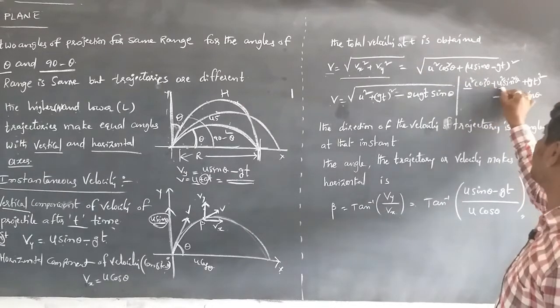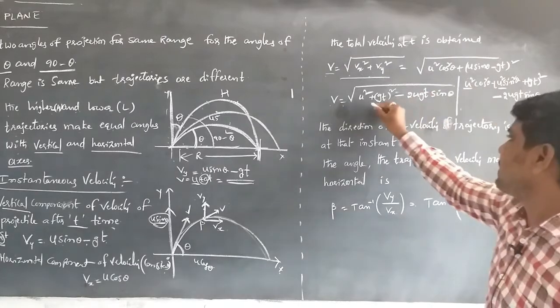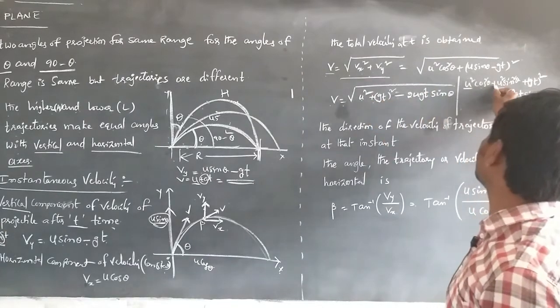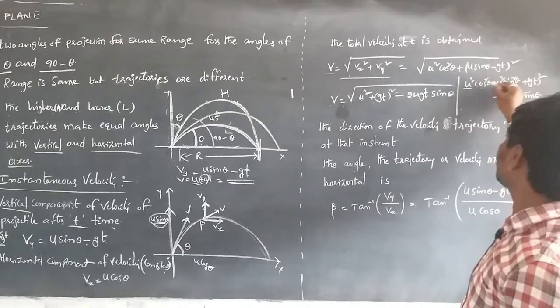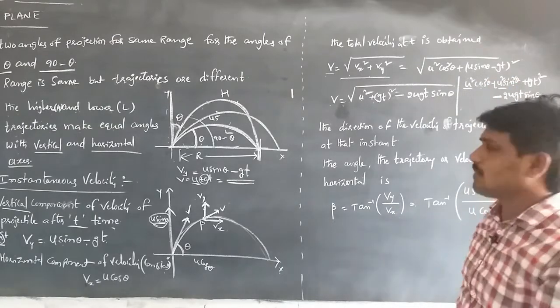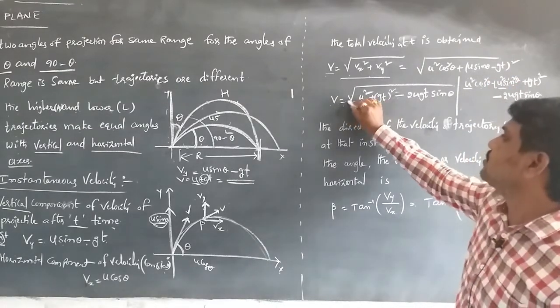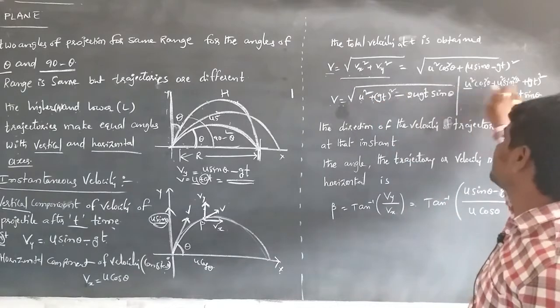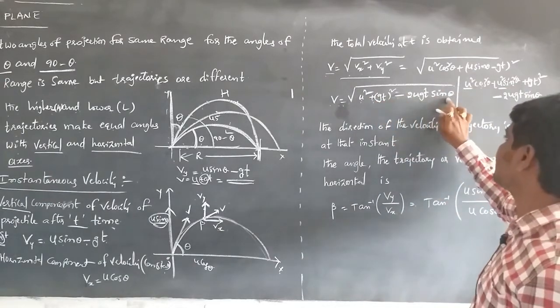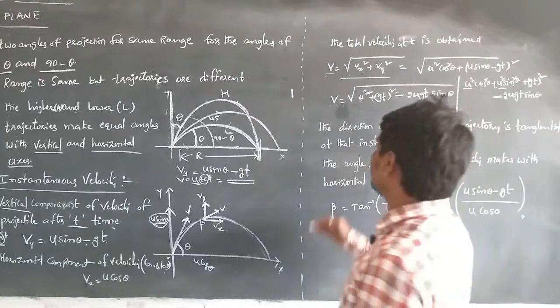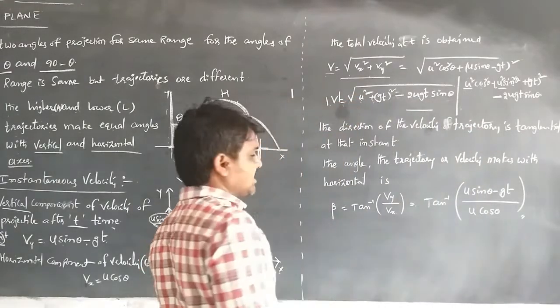Taking u square common, u square into cos square theta plus sin square theta, and since cos square theta plus sin square theta is equal to 1, v is equal to root of u square plus g square t square minus 2u gt sin theta. This is the magnitude of the resultant, the instantaneous velocity.